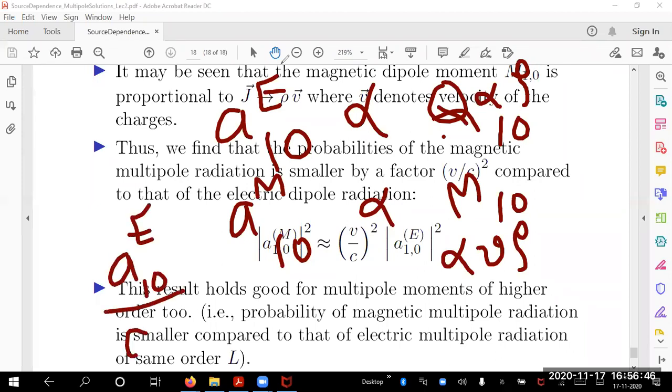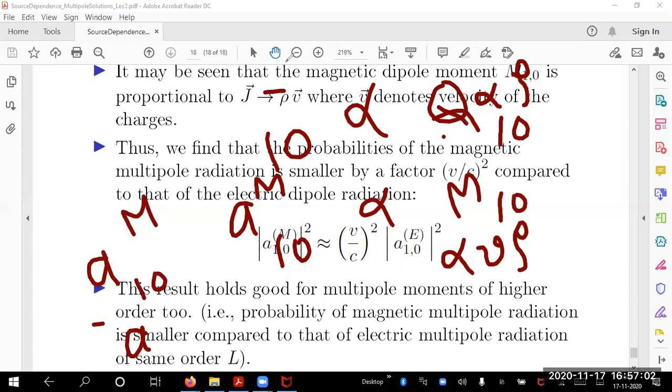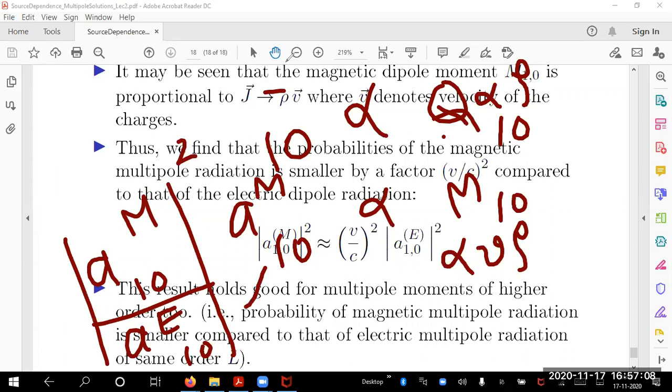AM10 divided by AE10, mod squared, is proportional to V squared divided by C squared.